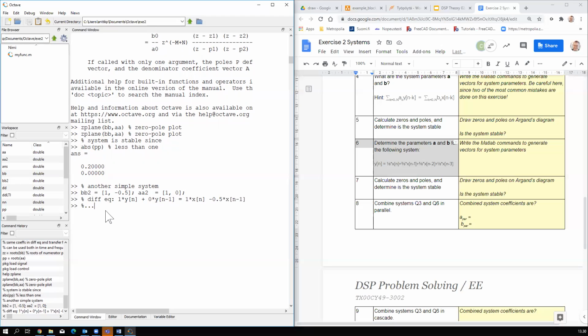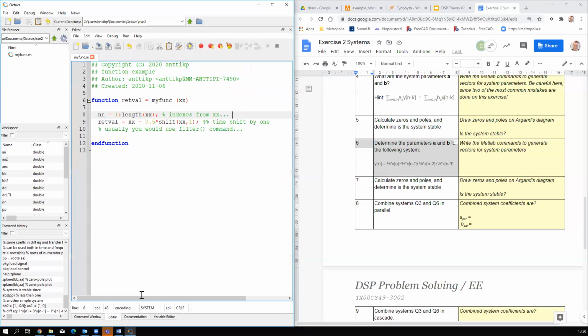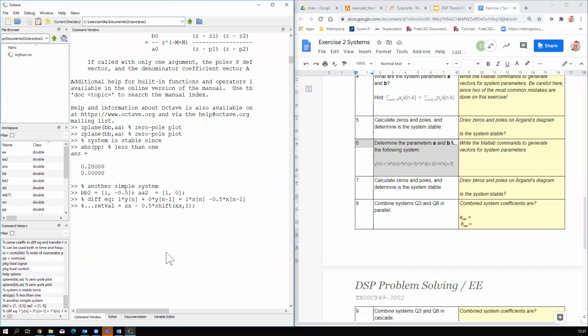Actually, let's see, I think this is quite familiar. Our function returns those values, but now we have defined it a different way. We have just defined the parameters for the output term.